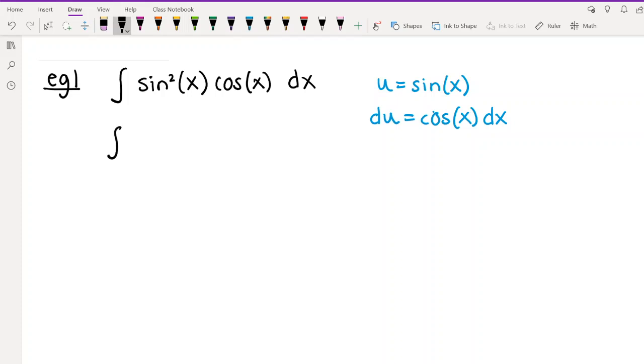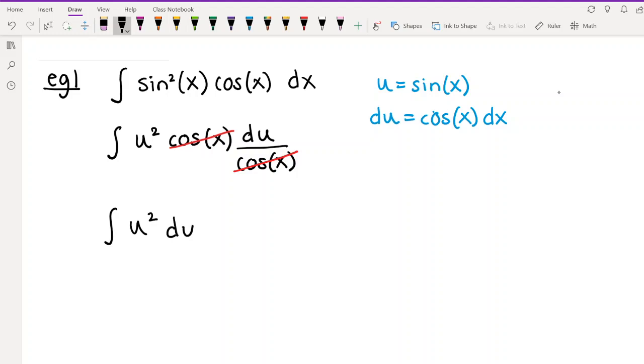We end up with u squared times cosine of x times du over cosine of x. So that gets rid of our cosines, and now we're just left with the integral of u squared du. And so now we have a polynomial, right?